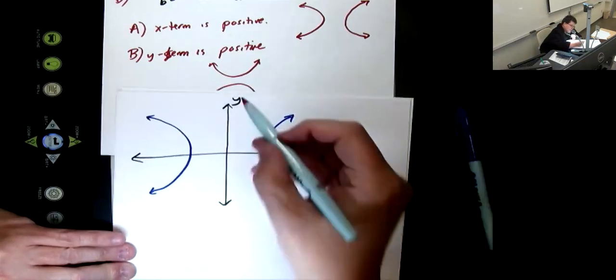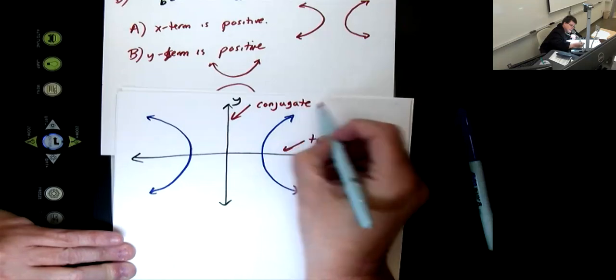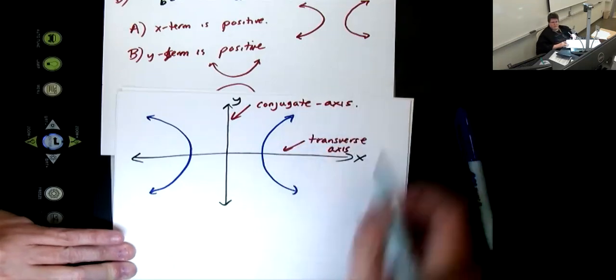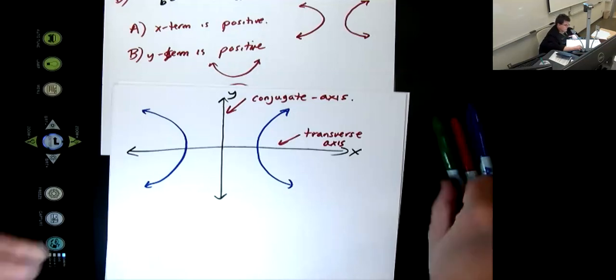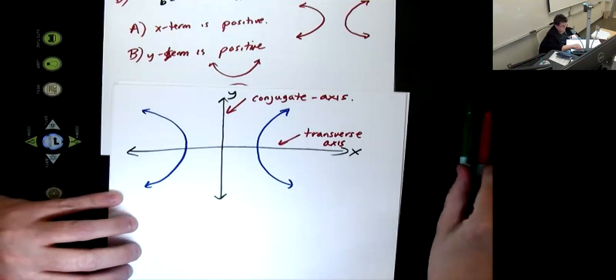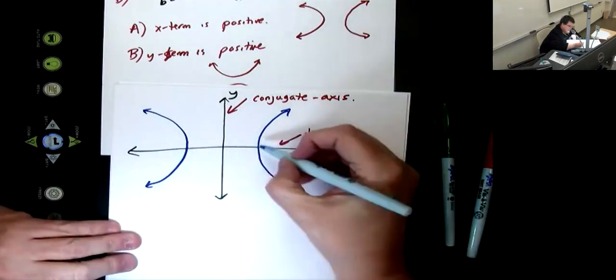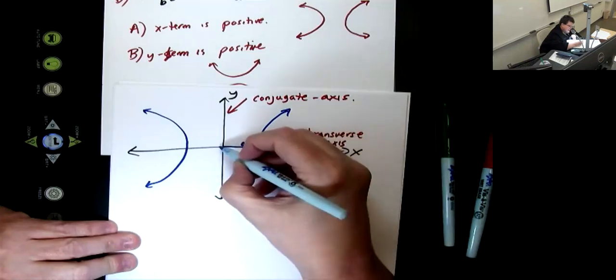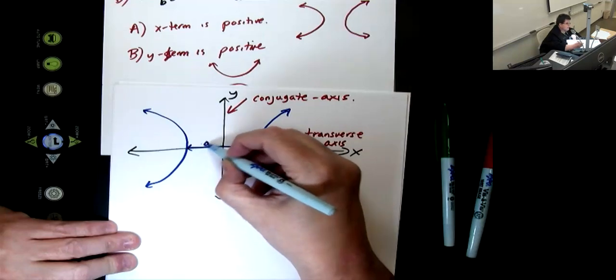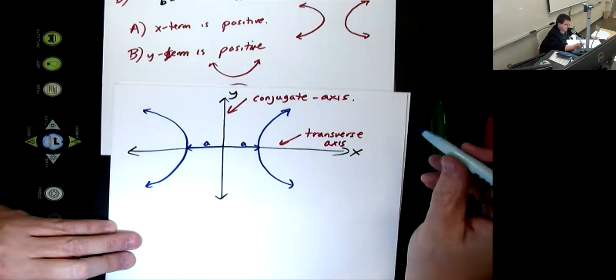And the other one is called the conjugate axis. This is still a distance A from the center, A that way, A that way. For the x one it's A; for the y one, it would be B because you're going up and down.